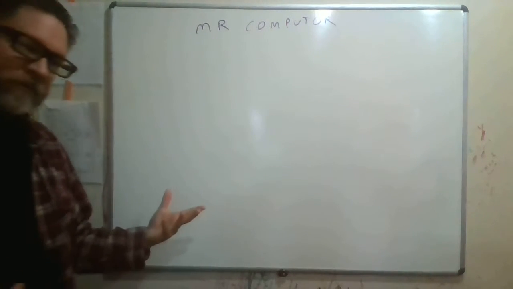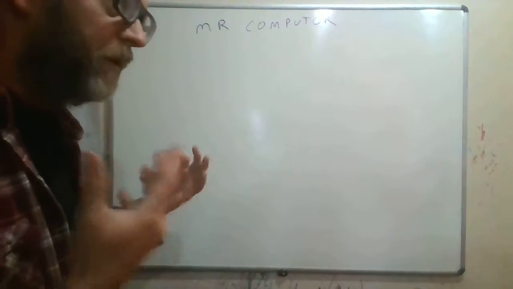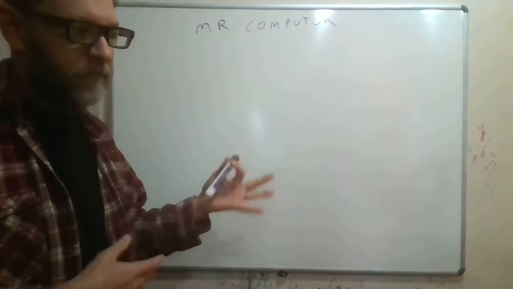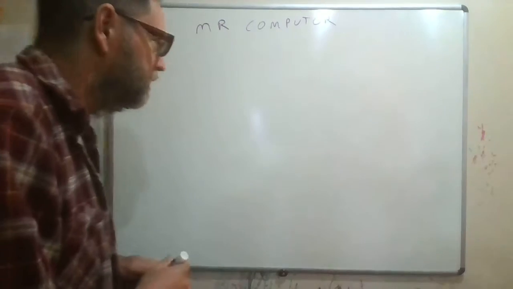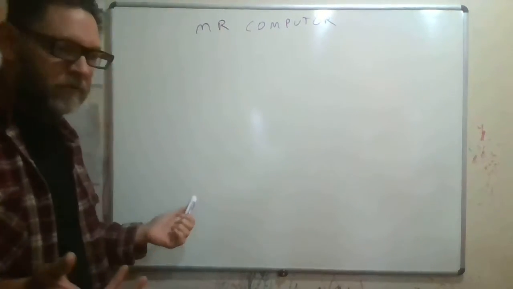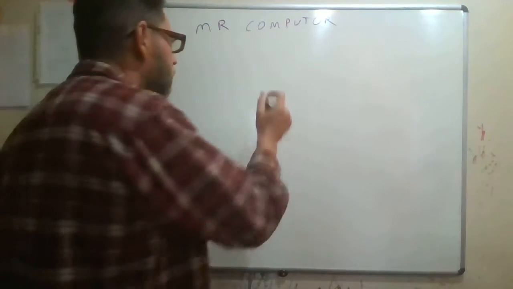What's inside the box? All computers have the same basic ingredients, no matter what they look like, whether it's a phone, a laptop, a PC, or a great big thing in some office somewhere. They're all the same basic components. Okay?